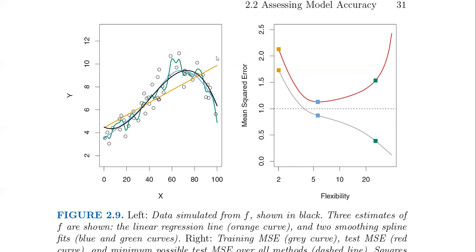We have the blue curve and the green curve. So each curve in this context is a model. We have these three models, and we're benchmarking them against each other by calculating their mean square error.